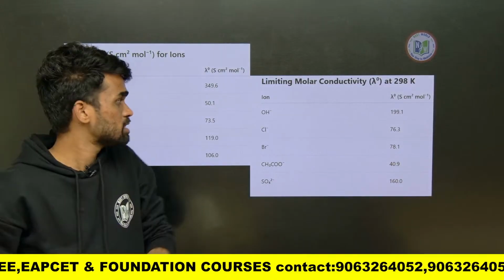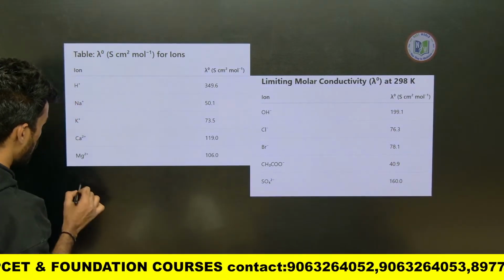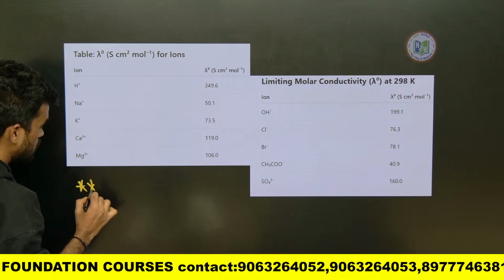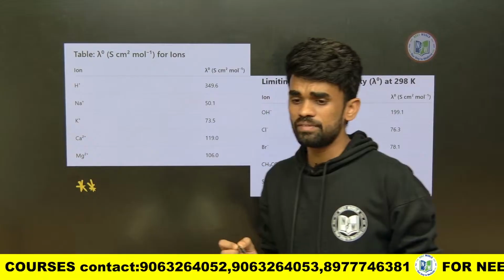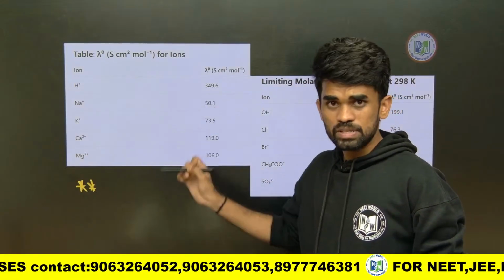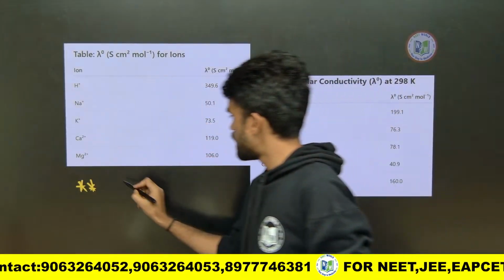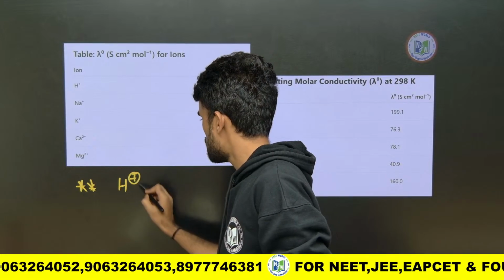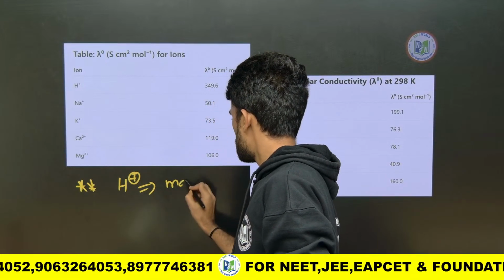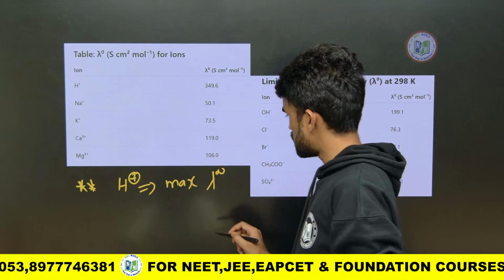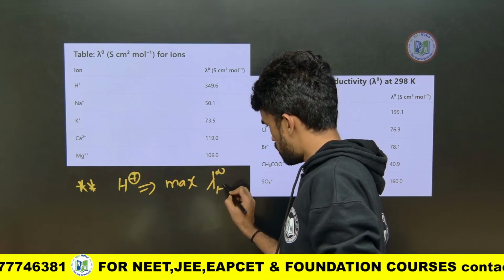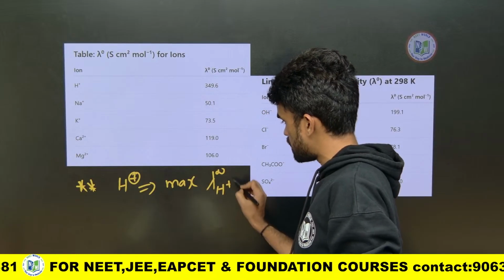Now from this you should observe one thing. The ion which is having maximum conductivity value is which one? From cations, H plus will be having max ionic conductivity, limiting molar conductivity. Max limiting molar conductivity is for which one?